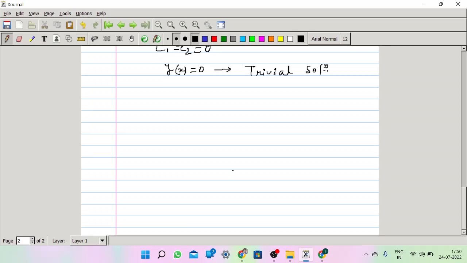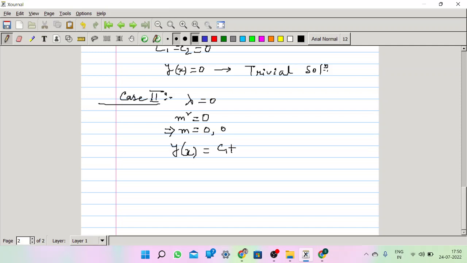So let us move to case 2, where lambda is equal to 0. In that case m square minus lambda equal to 0 is my auxiliary equation, so I get m square equal to 0, which implies m equal to 0, 0.